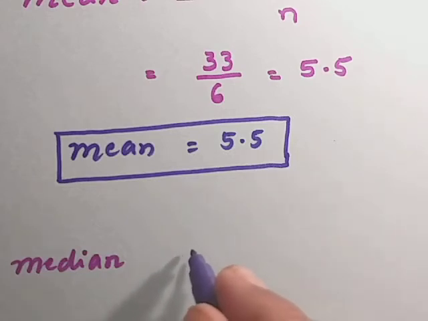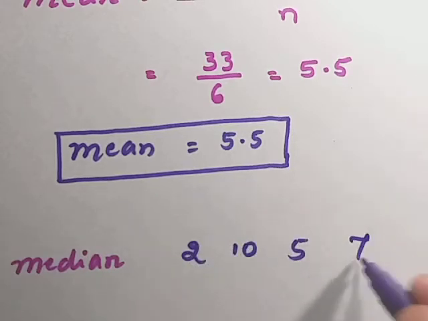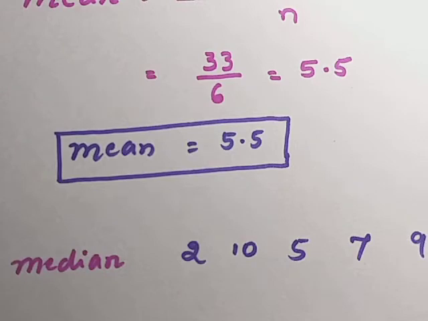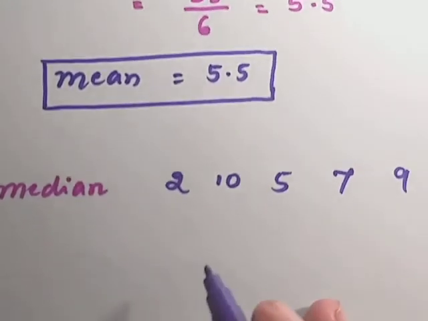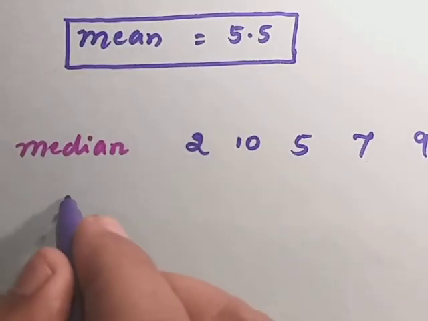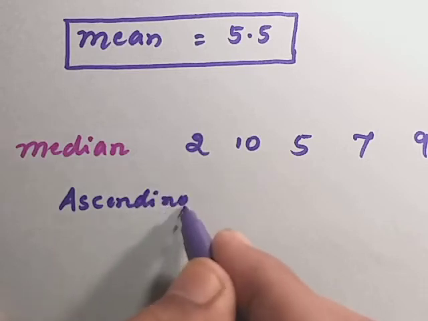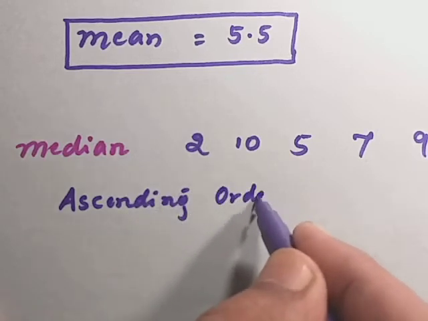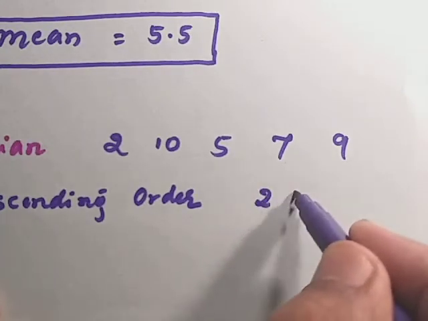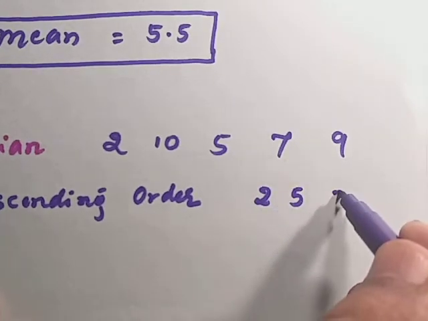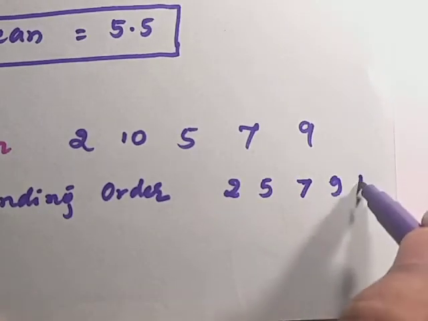Supposing we take some numbers 2, 10, 5, 7, 9. Let us write them in ascending order: 2, 5, 7, 9, and finally 10.